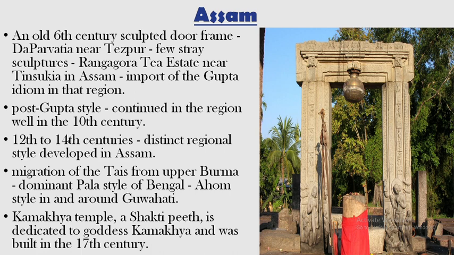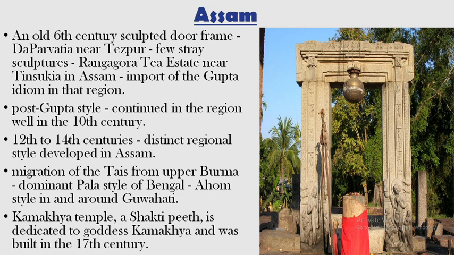But in the 12th and 14th century, the region of Assam saw a distinct regional style developing. Now, how did this regional style develop? Because there was a migration of Thais from the upper Burma region.